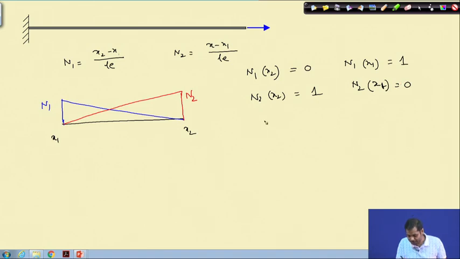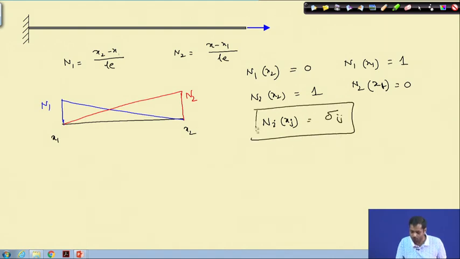So, this means that n i at x j is equal to delta ij. Delta ij is called Kronecker delta. Delta ij is equal to 1 if i is equal to j, otherwise 0. So, these shape functions satisfy the Kronecker delta property, right. This is one important property.